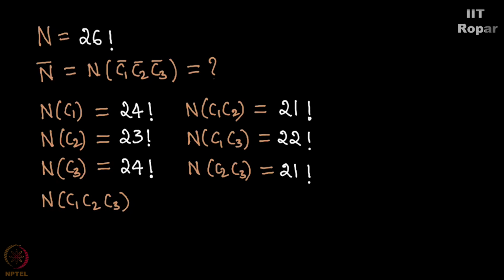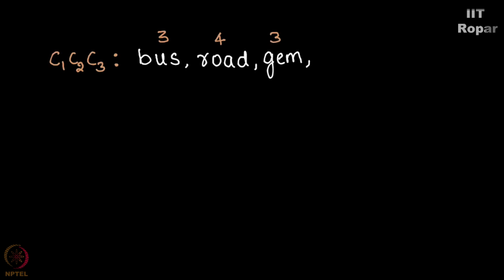Now, n of C1 C2 C3, this remains, right? Those permutations which contain bus, road and gem, all the three, we must calculate how many of them are there. Now, bus, road and gem. How many alphabets are covered here? It is 3 plus 4 plus 3, which happens to be 10. And 26 minus 10 is 16.